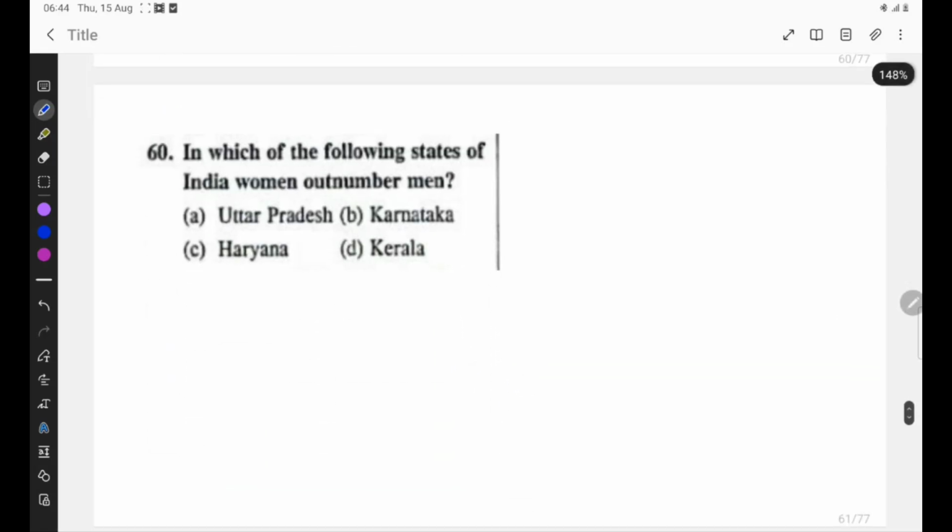In which of the following states of India do women outnumber men? That means sex ratio. The sex ratio is more than 1000. So it is Kerala. Option D is the right answer.